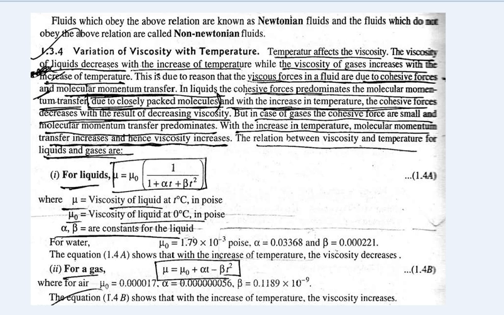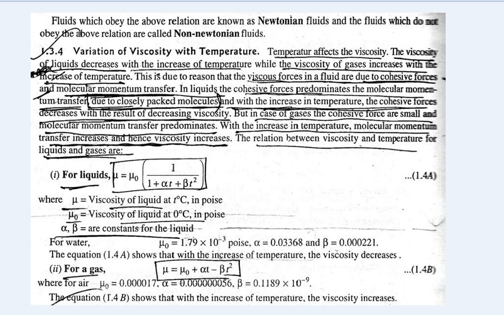So at t degree centigrade in poise you are getting the viscosity, and mu naught is the viscosity of the liquid at 0 degree centigrade in poise. So we need to know the viscosity of that particular liquid at 0 degree centigrade, and alpha and beta are constants. This mu naught for water is 1.79 into 10 to the minus 3 poise.